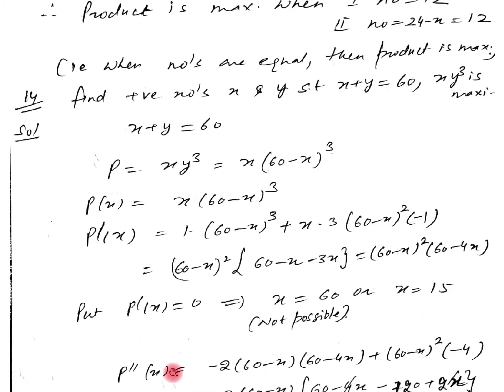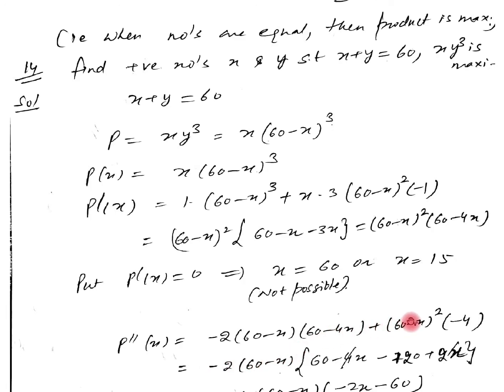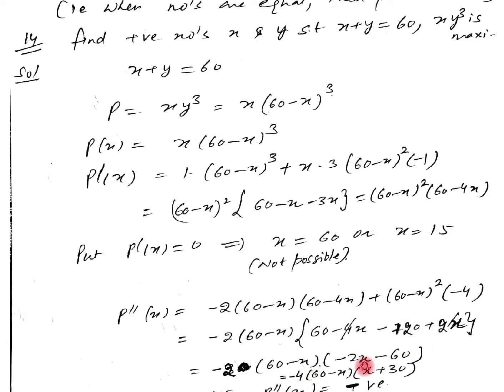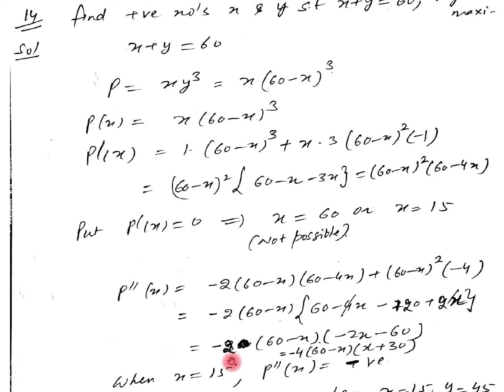Now again we will find the second derivative of the function by differentiating it. Again applying the product rule, we can find the second derivative. Again simplifying, we are getting minus 2 into (60 minus x) minus 2x minus 60. Again taking this common, we have here minus 2 into (60 minus x).